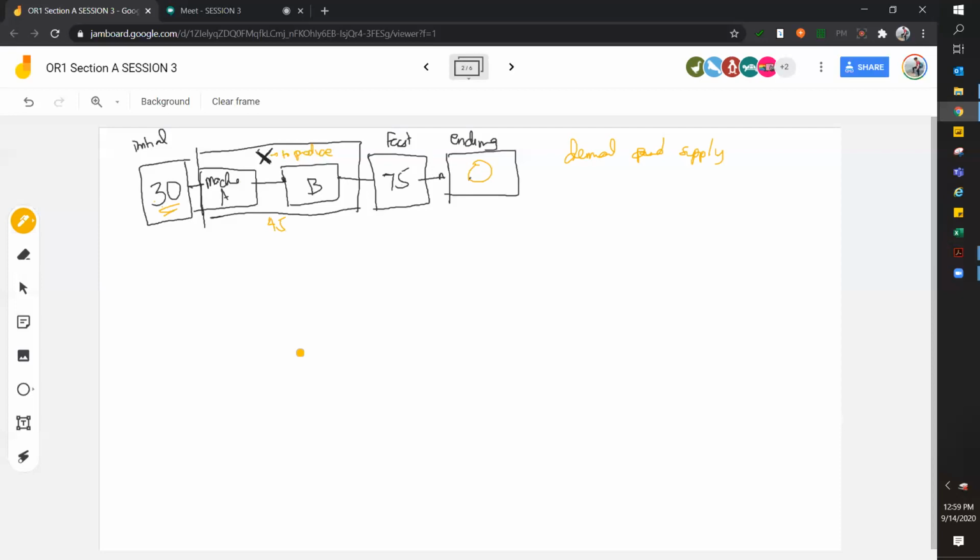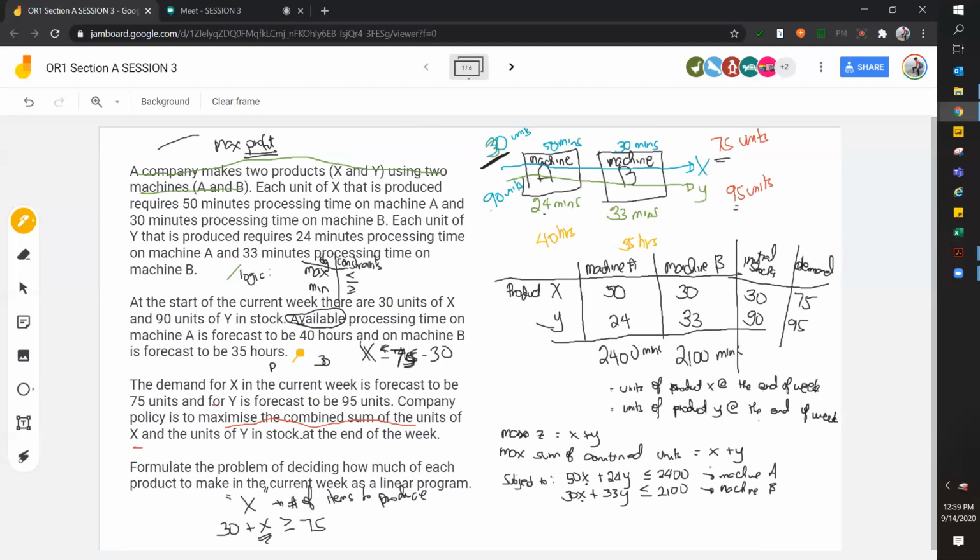Correct? Okay, so how many stocks do I have? 75. Now, I have a demand of 75 units. How much will be left at the end of the week given 75 units on demand? 0.